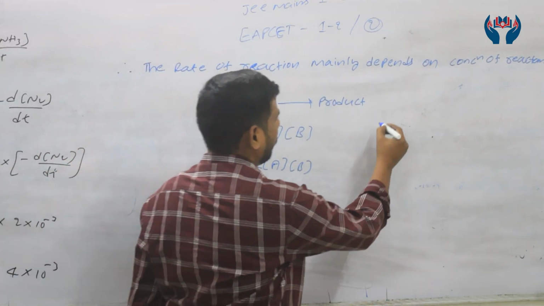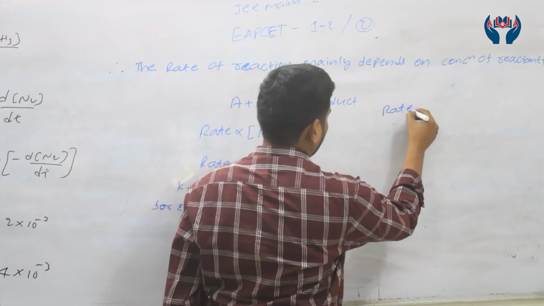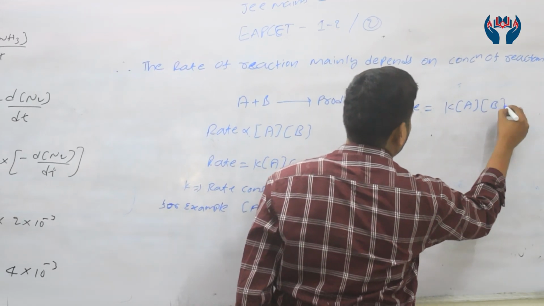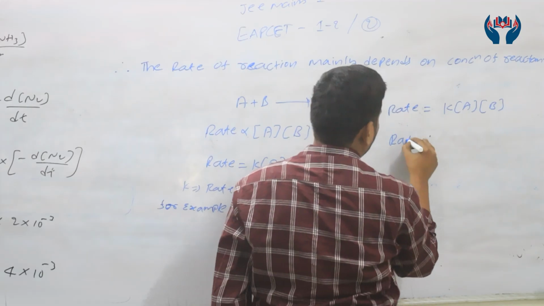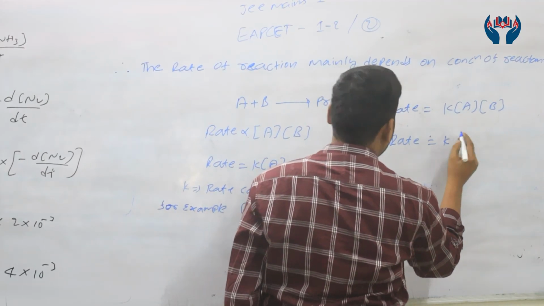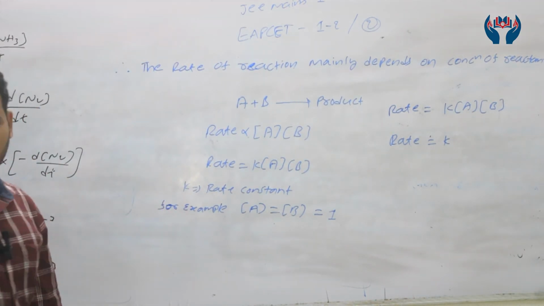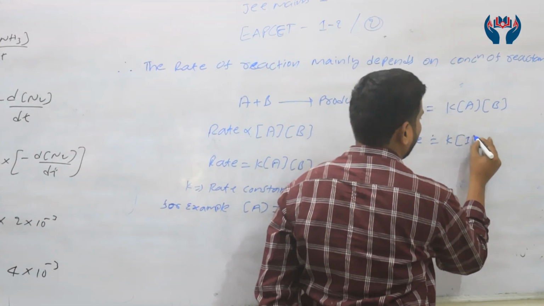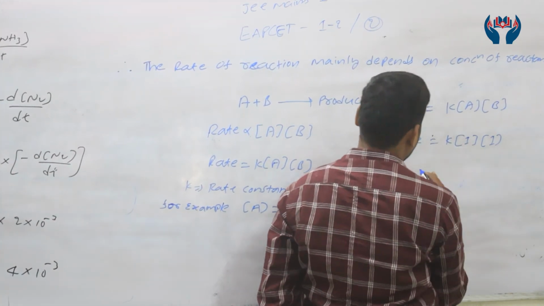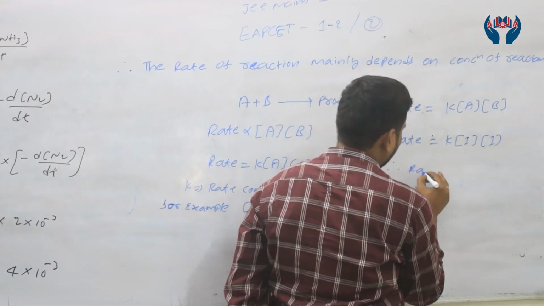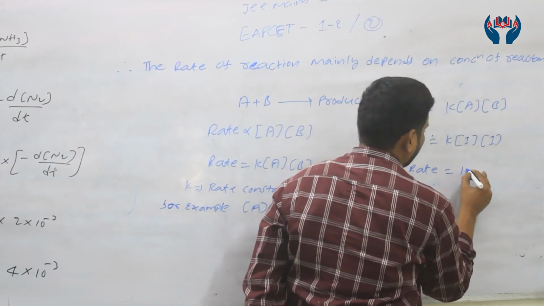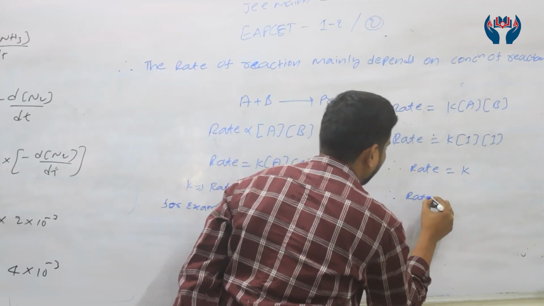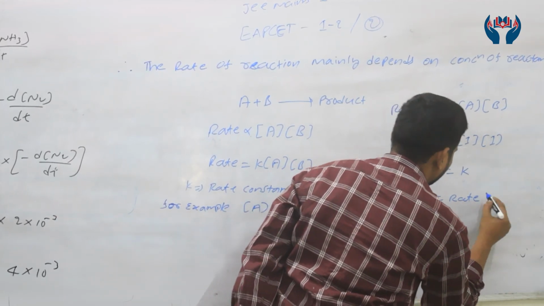Therefore, the rate equals K into A into B. Then rate equals K into the concentration of unity. The concentration is unity, meaning A is 1 and B is 1. In this case, therefore, the rate equals the rate constant K.